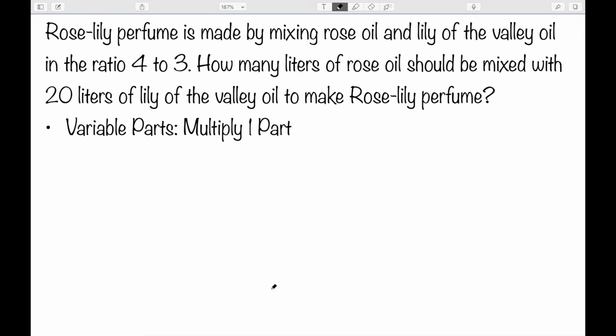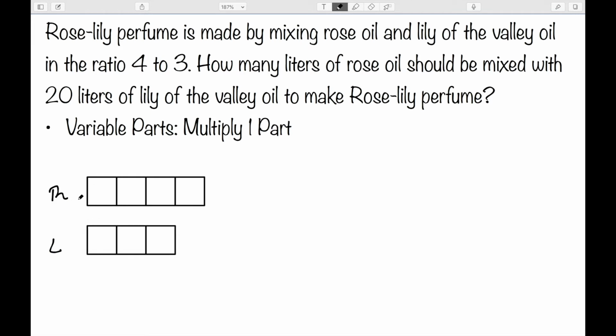The first way I want to consider this problem is the variable parts perspective of ratios, using the method known as multiply one part. Here I have my strip diagram. I know I have 4 parts of rose oil and 3 parts of lily oil. The total here should be 20 liters, which tells me that each of these parts is 20/3.